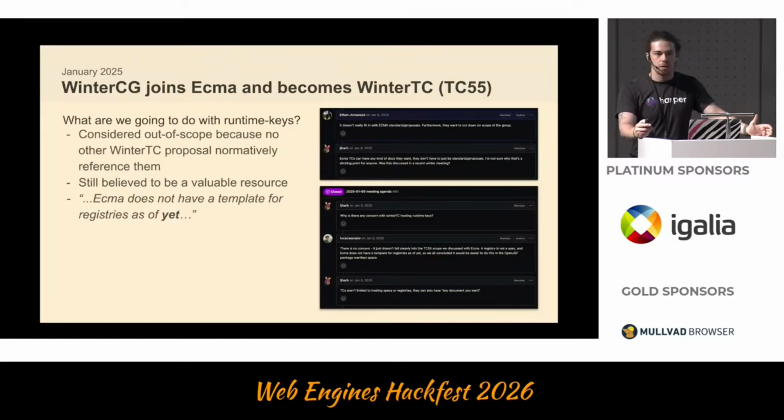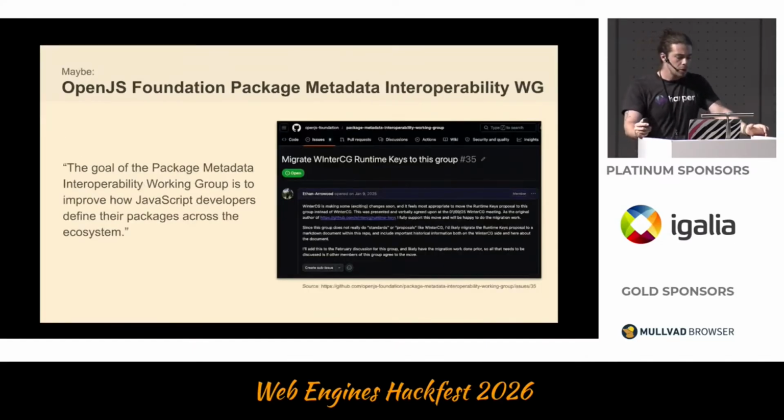This really didn't fit into a more standard document process. So we considered this group called the OpenJS Foundation Package Metadata Interoperability Working Group. I happen to also be responsible for this group. And in the quote here, you can see the goal of this group is to improve how JavaScript developers define their packages across the ecosystem.